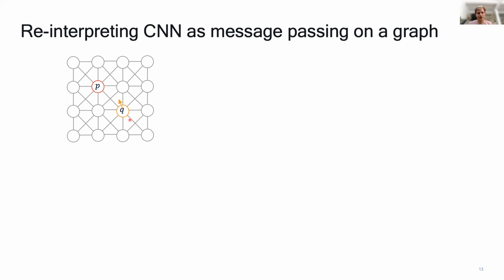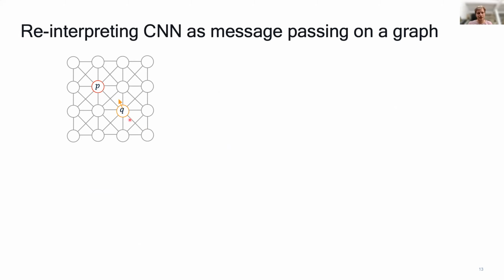But note that this graph and this graph are actually isomorphic, where we rotate the graph from here to here. What used to be a rotation, we can now reinterpret in this new language as a graph isomorphism, or in this case even as an automorphism, because we map from the same graph to itself.